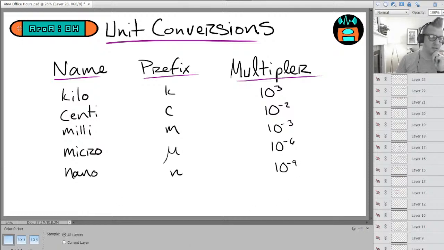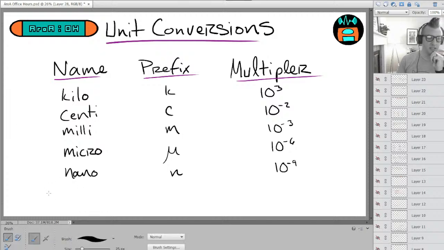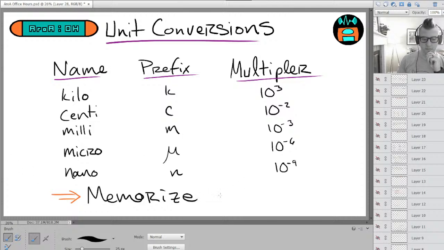I can't reiterate this enough. You need to memorize these. You need to have them memorized, because I do provide equation sheets for the exams that I give, but I do not give these, because you just need to know them off the top of your head.